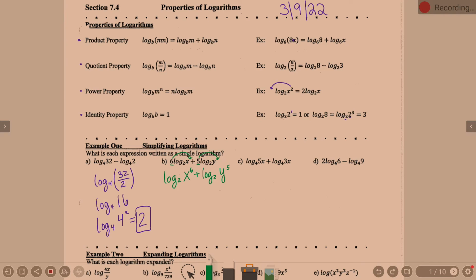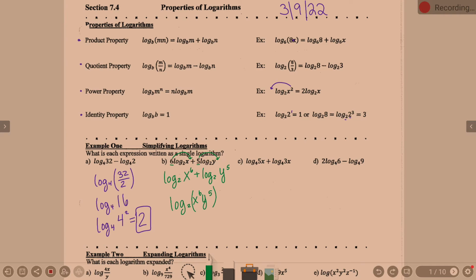So I can rewrite this as log base 2 of x to the 6th times y to the 5th, which, when I say x to the 6th times y to the 5th, I would encourage you to put that in parentheses. The parentheses indicate that they are both part of this log. If we don't have the parentheses, we technically could question, is that y really a part of this log, or is it just being multiplied after the fact?